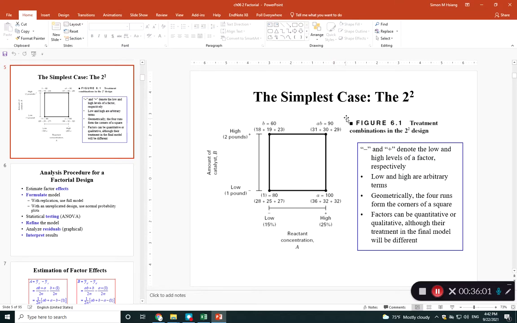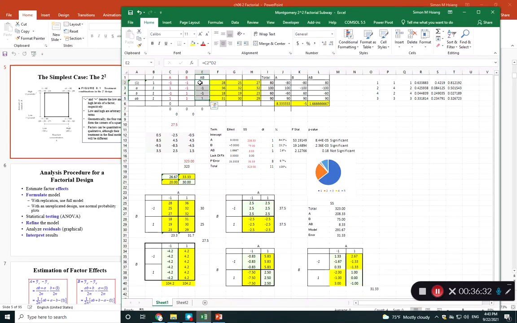So low-low plus high-high minus one low and the other high. So it's this diagonal minus this diagonal. The negative-negative and positive-positive together means A and B work together. And then one high, the other one low is what? You're high, I'm low; I'm high, you're low. And then we're doing the trade-off. So I can have the AB term this way.